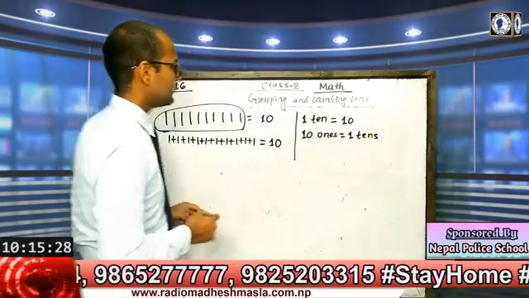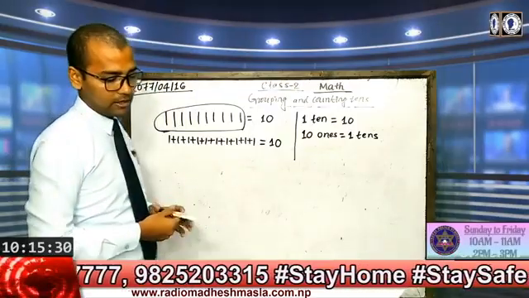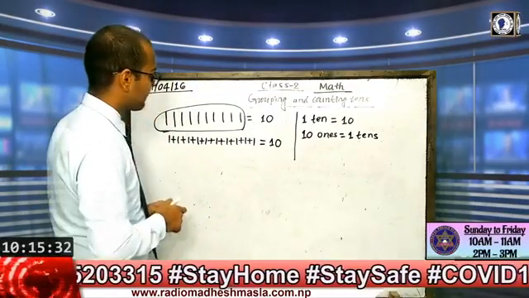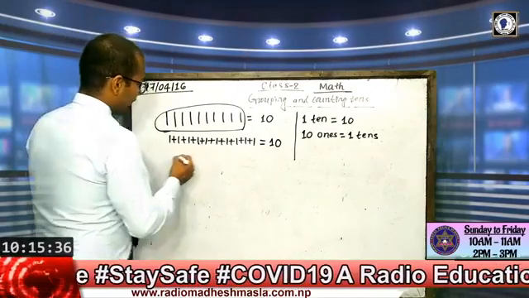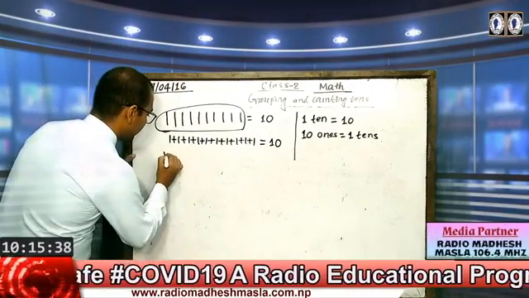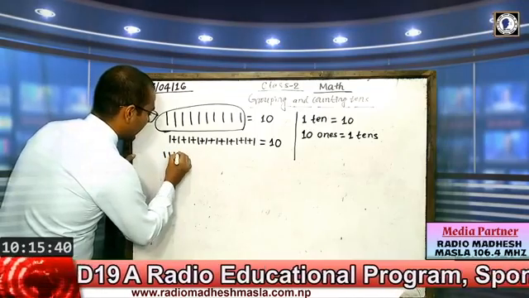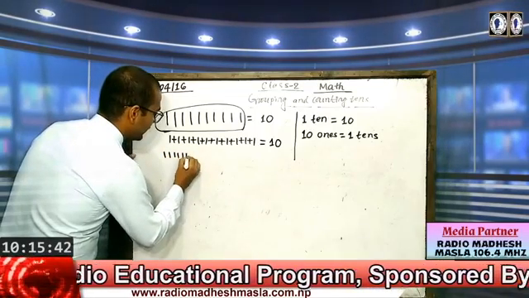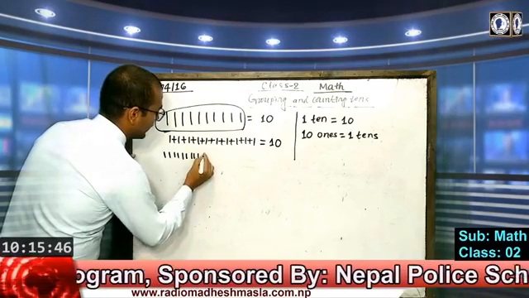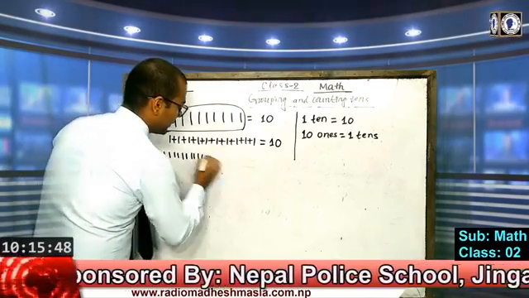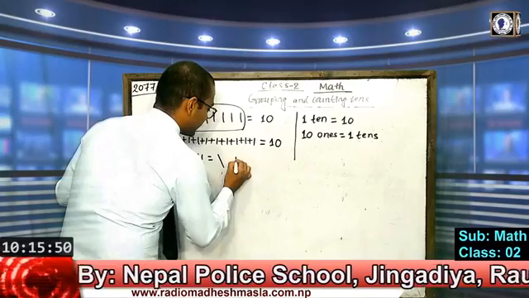Okay, so in the same way, when we join those 10 pencils with each other, 1, 2, 3, 4, 5, 6, 7, 8, 9, 10, it forms a bucket of pencils.